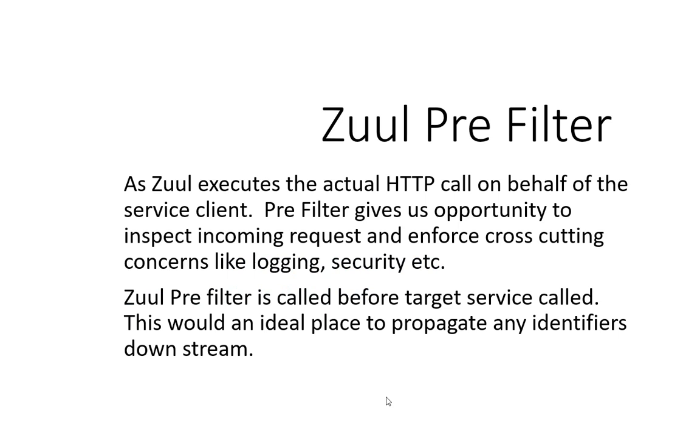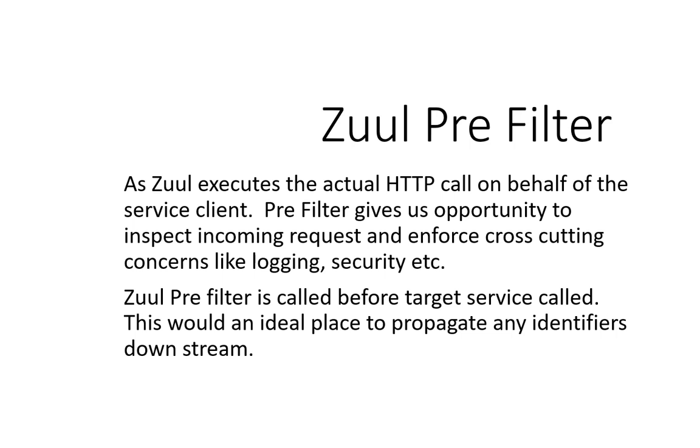And the filters. Zuul has 3 main filters: pre-filter, post-filter, and routing filter. I think there is one more, the error filter. So the pre-filter: when the call comes in, Zuul actually calls on behalf of the client service. The pre-filter gives us a chance to inspect the incoming request, maybe enforce some cross-cutting concerns like logging, security, etc. before we call the target service.